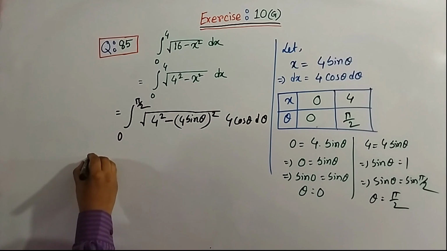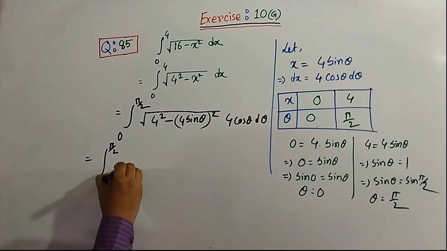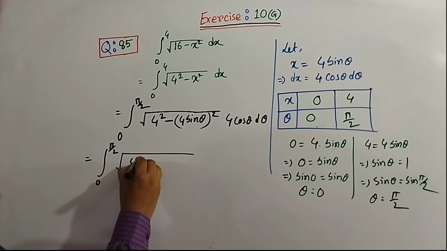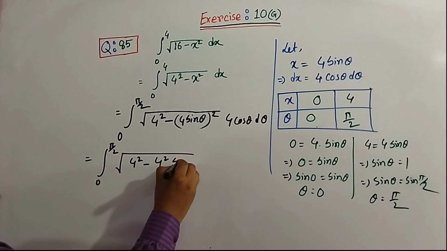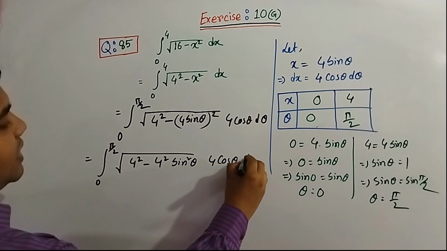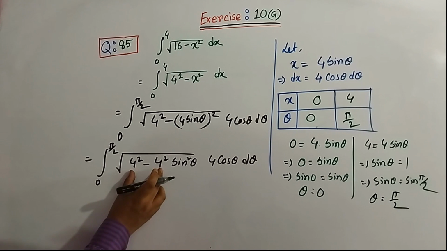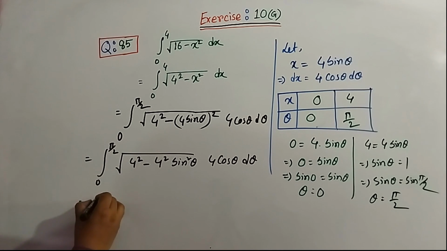Okay, now this can be written as 4 square minus 4 square sin square theta into 4 cos theta d theta. Then if we take 4 square as common, what can we write?